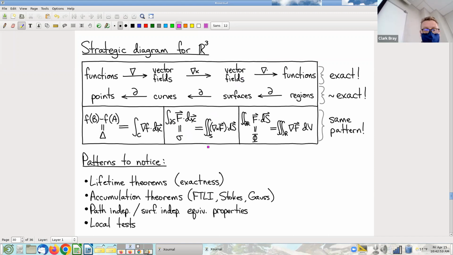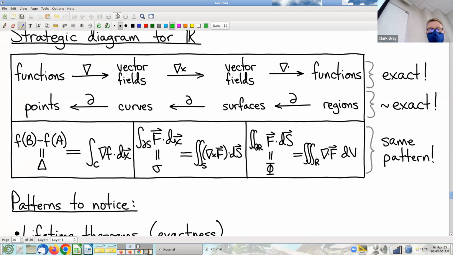Okay, last thing I'm going to talk about: path independence and surface independence and how they look on this diagram. Some of this I've already talked through. Y'all will recall, in fact, I'm going to zoom back in so we can see better.